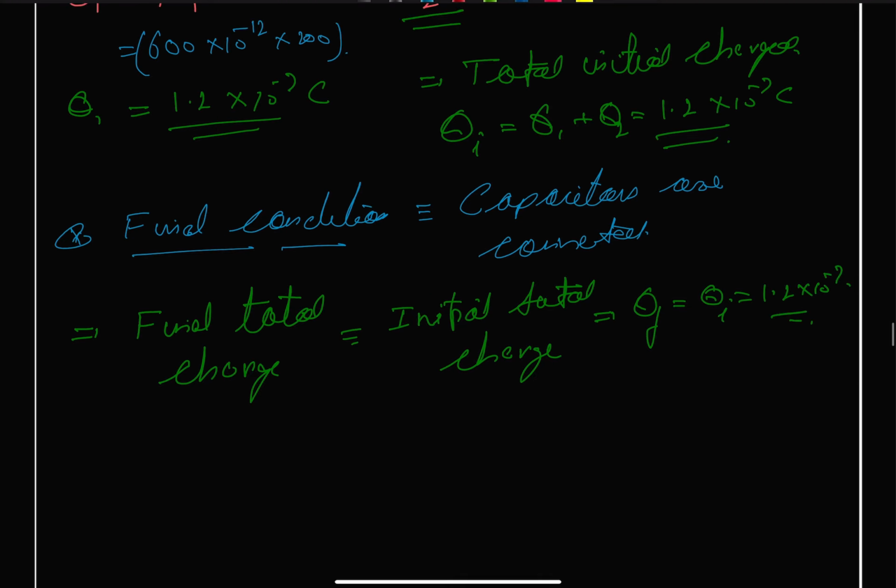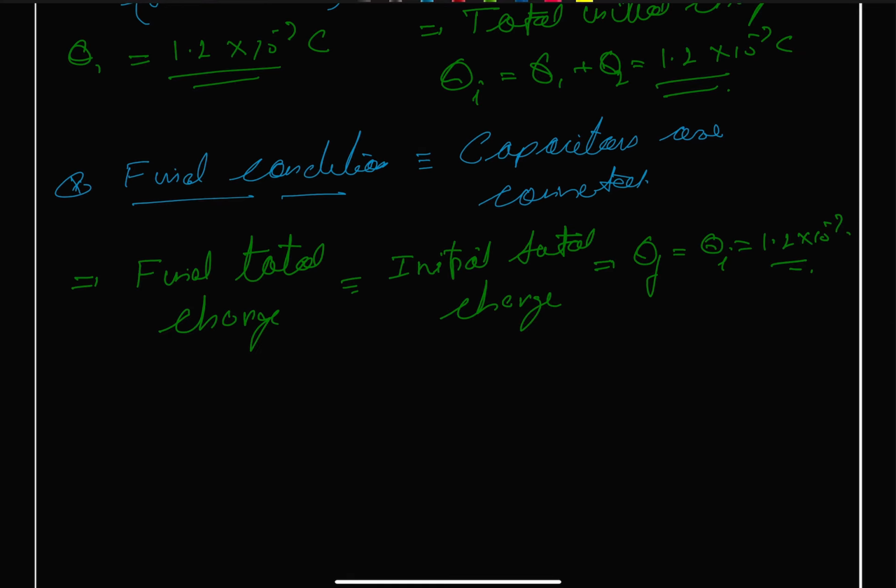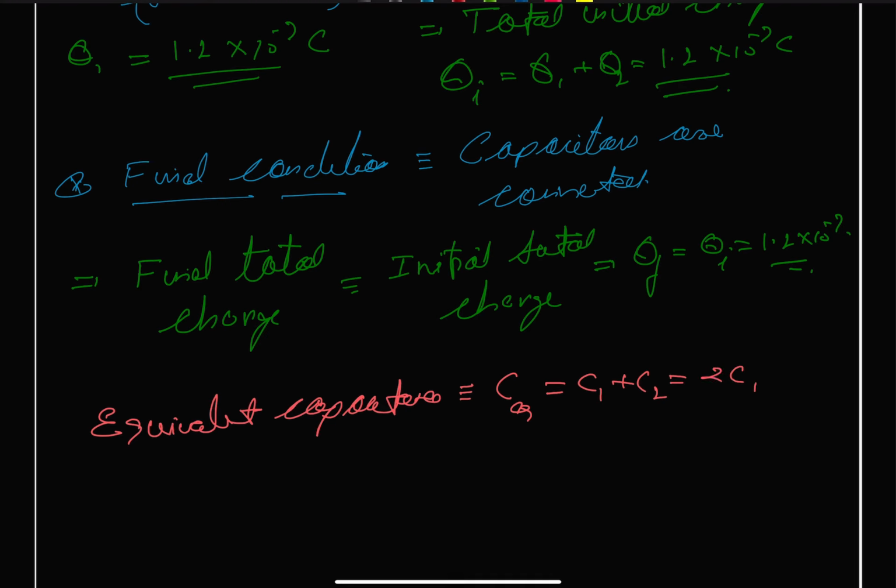And the equivalent capacitance, let us call this as C equivalent, and the C equivalent will be equal to C1 plus C2. These are same, so this comes as 2C1, and we can write this will be 2 into 600, giving us 1200 picofarad.